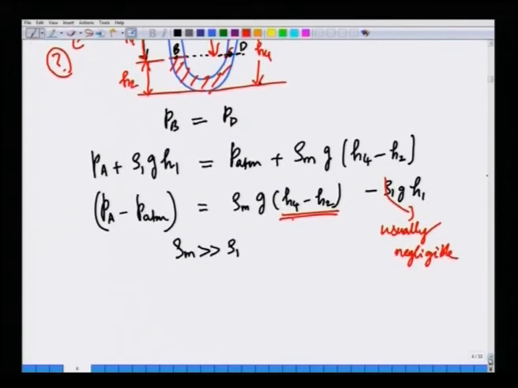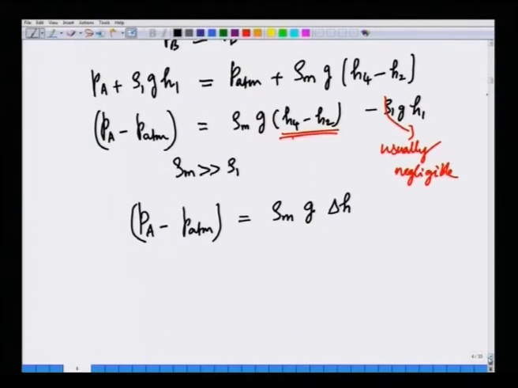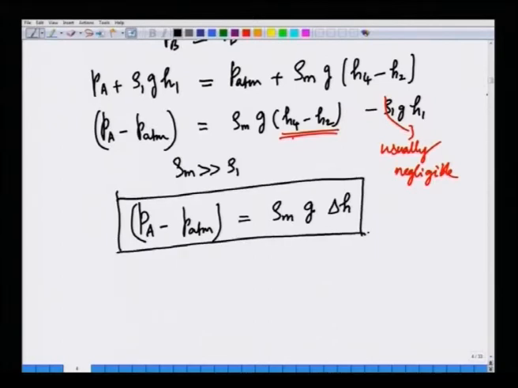So, we can get the difference between the pressure at point A and the atmospheric pressure to be the density of the manometric liquid times the acceleration due to gravity times the height difference between the 2 limbs of the manometer. So, this is the fundamental equation of manometry, and by just simply measuring the height, we obtain the unknown pressure.